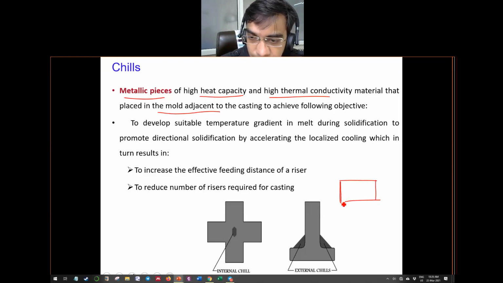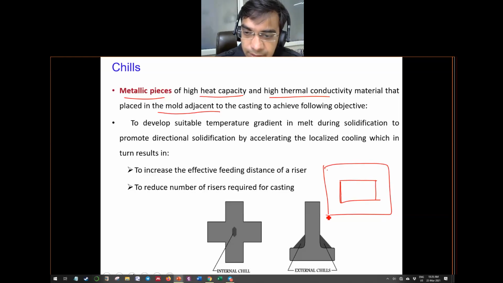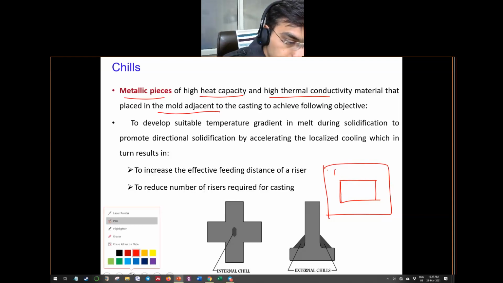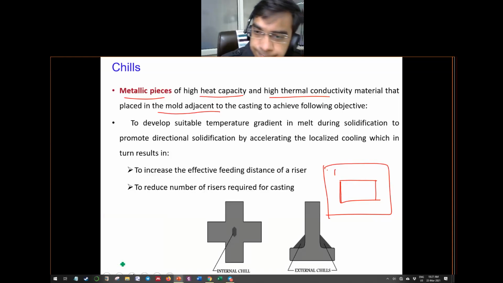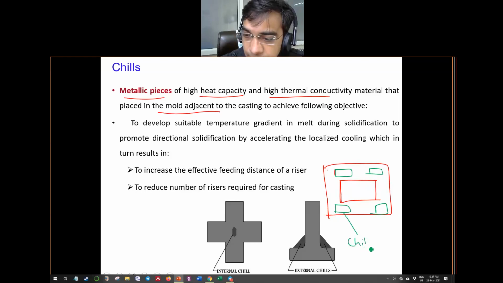If this is the cast product which is inside this mold, I'm just showing you the objective of the chill. You see here these green boxes. These green boxes are known as chill blocks, or simply chills, and this one is the cast product.